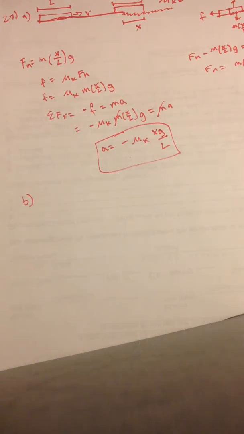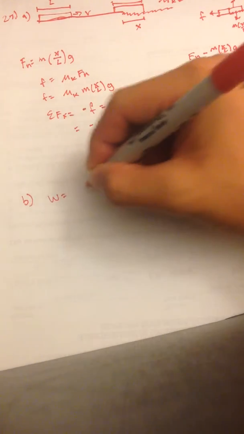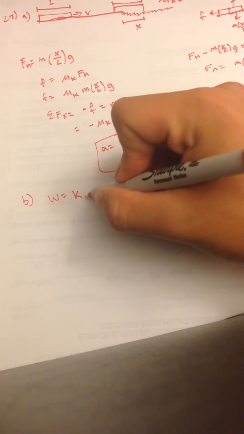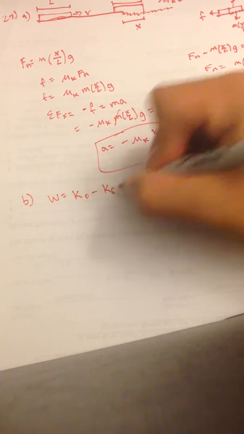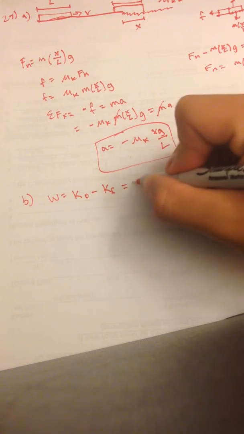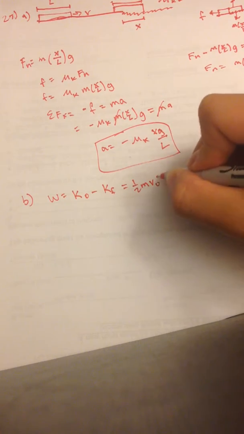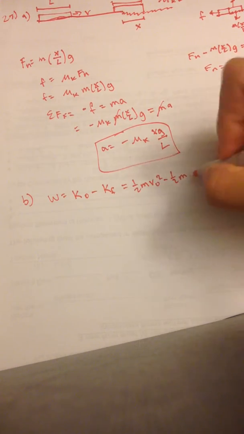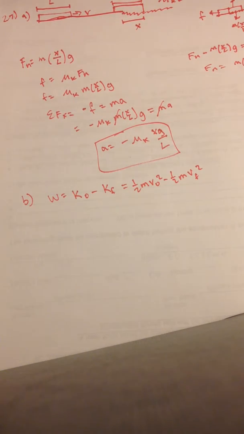And then for part B, we'll be finding the initial velocity. To do this part of the question, we're going to be focusing on work. Work equals kinetic initial minus kinetic final, which equals 1/2 m v initial squared minus 1/2 m v final squared.